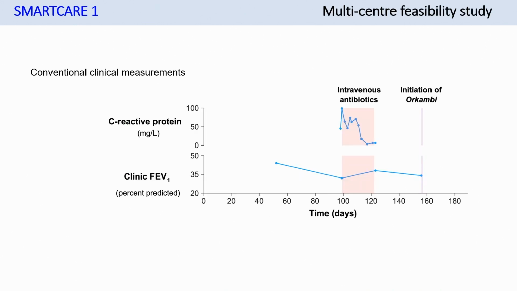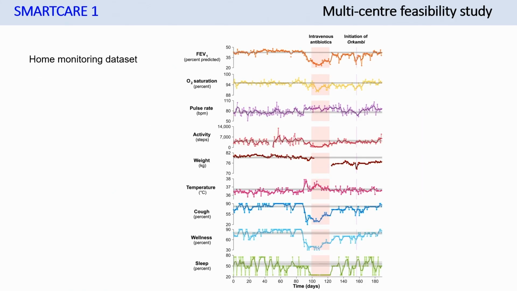Just to illustrate, normally in a conventional clinic, you will get a snapshot of measures. So CRP, you might get an FEV1 if they're able to manage it, when we're assessing whether to start antibiotics. So we're literally just going on a few numbers. Whereas I know this is busy, and this is an example of the data that we get with our home monitoring.